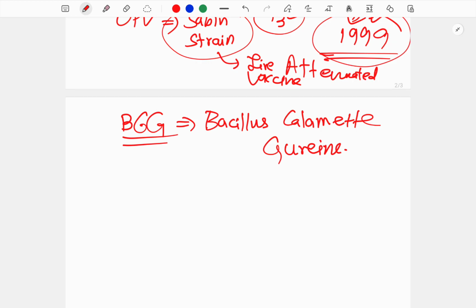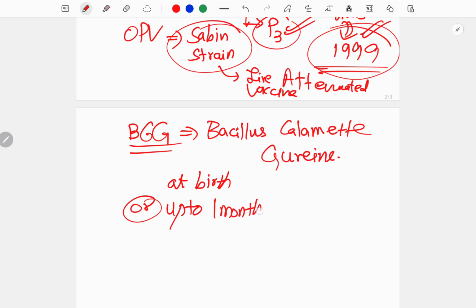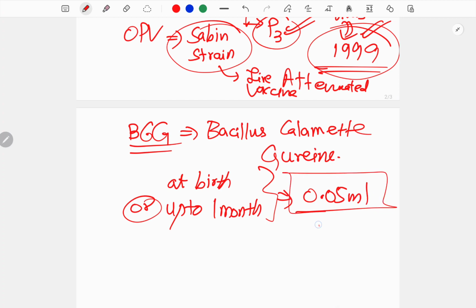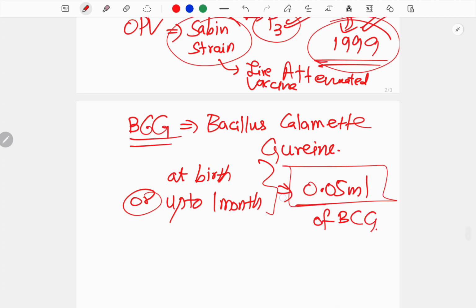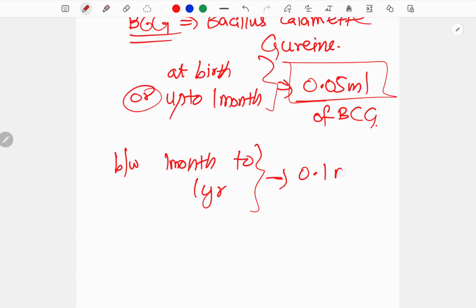If you are giving this at birth or up to 1 month, you should give only 0.05 ml of BCG. If you are giving this to an infant between 1 month to 1 year, you can give 0.1 ml of BCG.